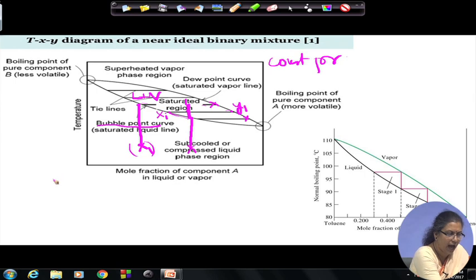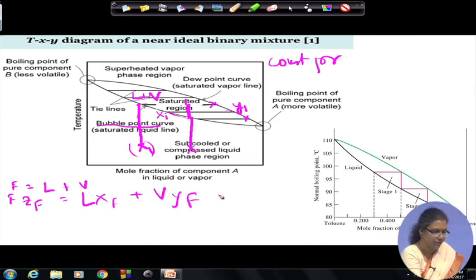Suppose I take up the overall mass balance. I know F, the initial feed, is equal to L plus V. F, I write it as ZF. Why? Because it can be a liquid or it can be a vapor. This is equal to L XF plus V YF, right.